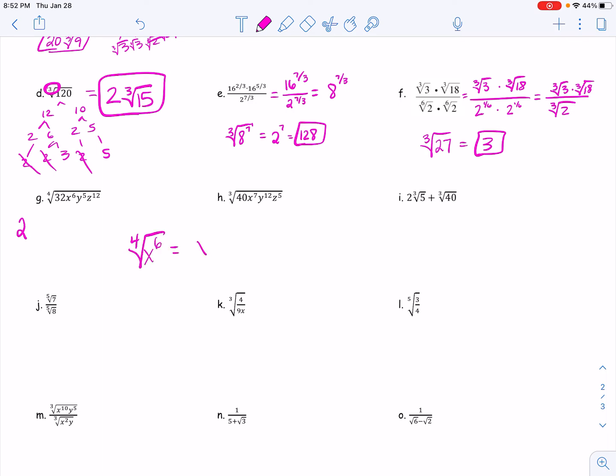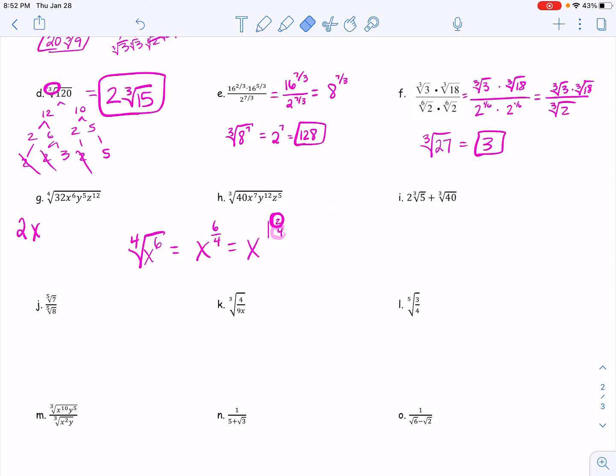That's really x to the 6 over 4, which is really x to the 1 and 2/4, which is really just 1 1/2, right? So 1x comes out. But how many are left underneath that radical? 2 of them. Right? Because it's still going to be the 4th root.